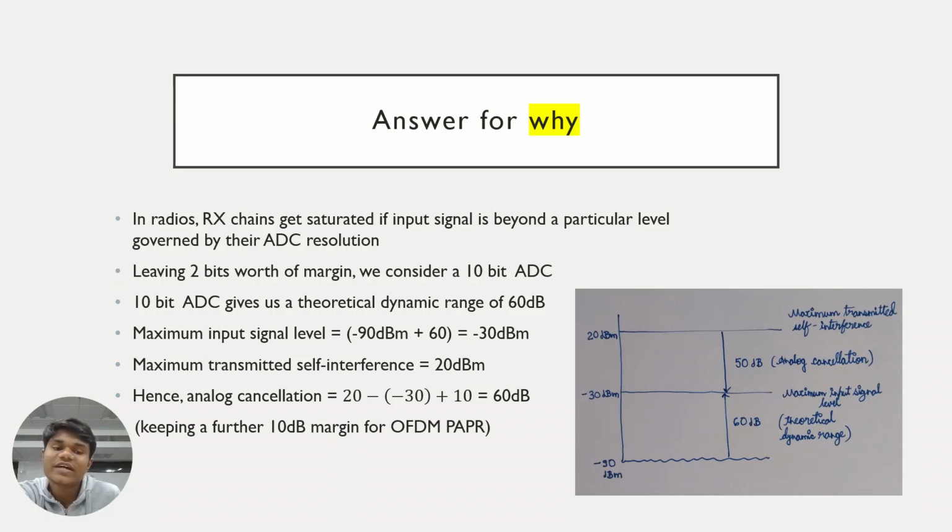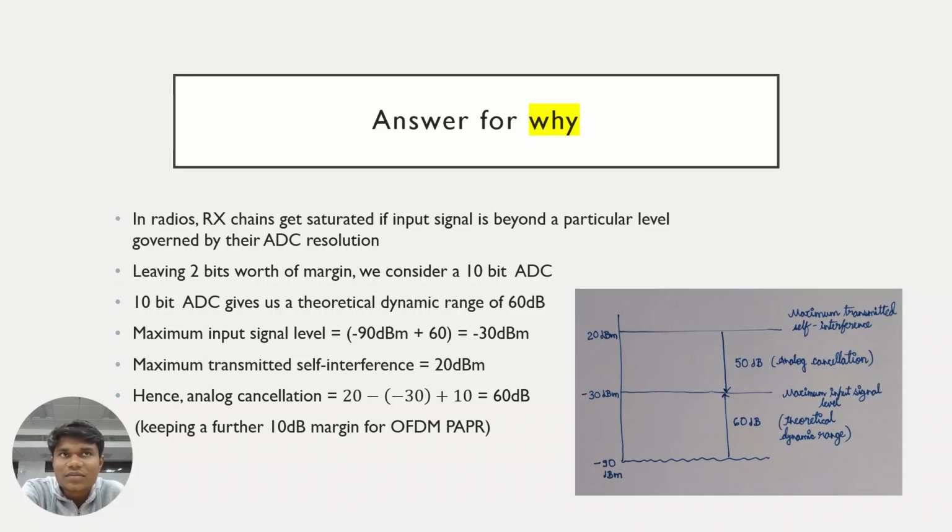In general, radios have ADCs which typically have a resolution of 12-bit, but to be on the safer side we are doing our calculations by considering the resolution to be 10-bit. Now, this 10-bit ADC gives us a theoretical dynamic range of 60 dB.